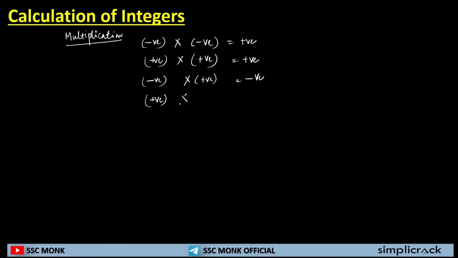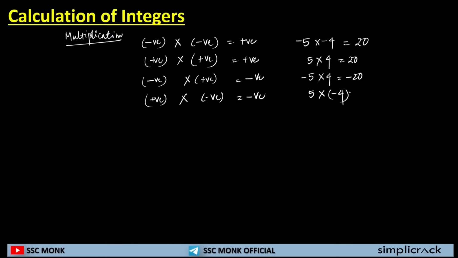Positive number multiply by negative number will get us negative number. Clear? So if I multiply minus 5 multiply by minus 4 is equal to 20, or 5 multiply by 4 is equal to 20. Here if I write minus 5 into 4, I will write minus 20, or if I write 5 into minus 4 is equal to minus 20. This is the example. Clear? Sorted?